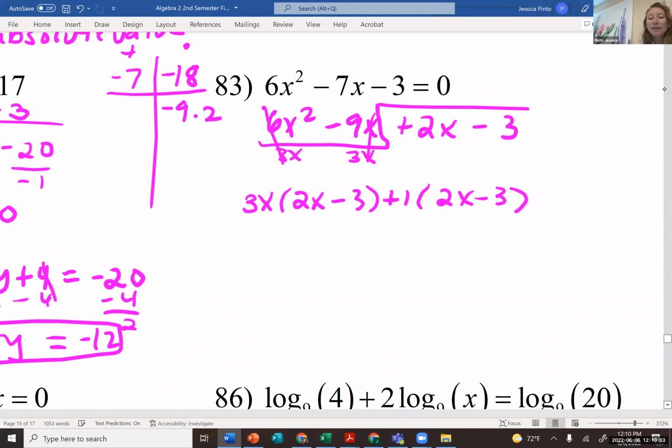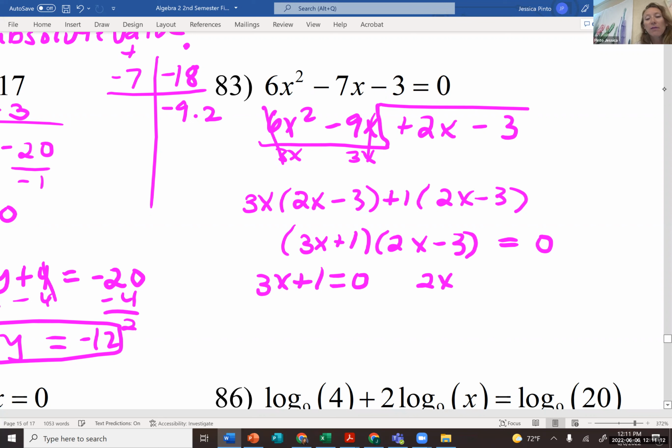Then I set these factors into their own parentheses. And it's back to being equal to 0. At this stage, I'm now going to set each individual factor equal to 0. 3x plus 1 equals 0, and 2x minus 3 equals 0.